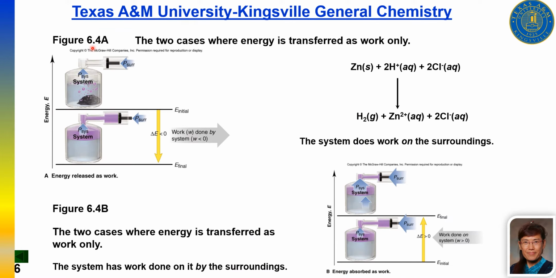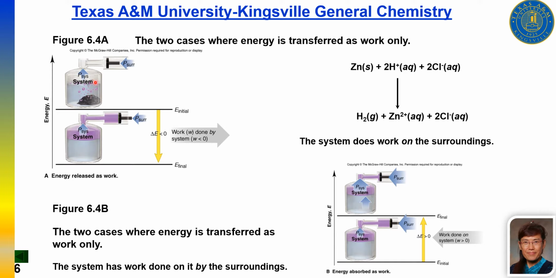Also, I have figure 6.4A and 6.4B. Both again showed you the energy is transferred in the form of heat. For example, in this system you are going to have some gases and some substances, such as zinc reacted with hydrochloric acid, producing hydrogen gas and zinc chloride.